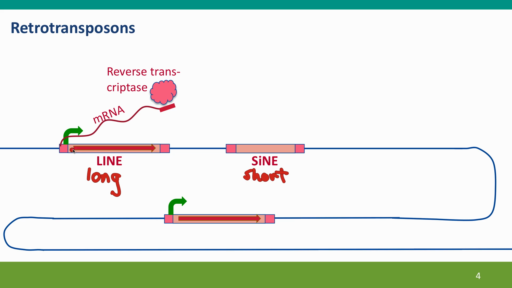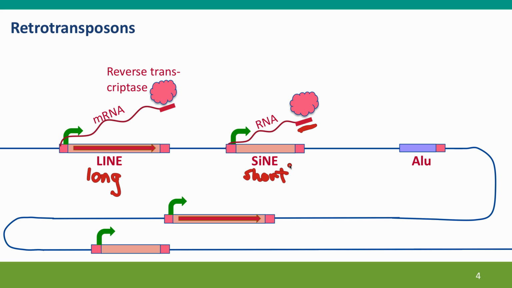These are shorter because they lack much of the open reading frame, and they're unable to produce a functional reverse transcriptase. But that doesn't matter, as long as there's at least one LINE in the genome, because the SINE elements still have a promoter, they can still make an RNA, and that RNA has the recognition sequence at its 3' end, so that the reverse transcriptase coded for by LINE elements can act on SINEs as well, inserting copies of them into the genome.